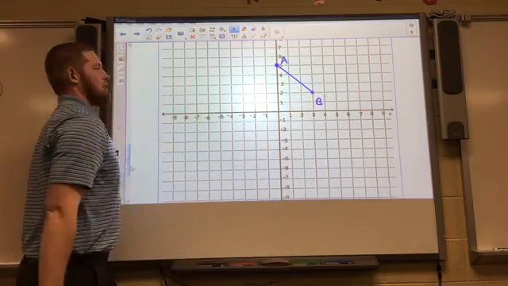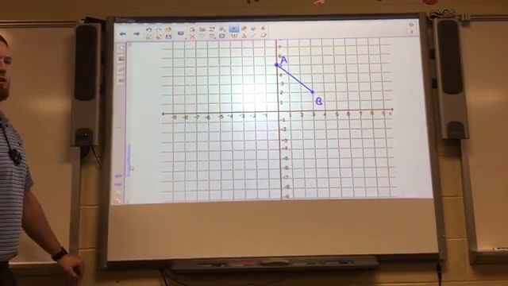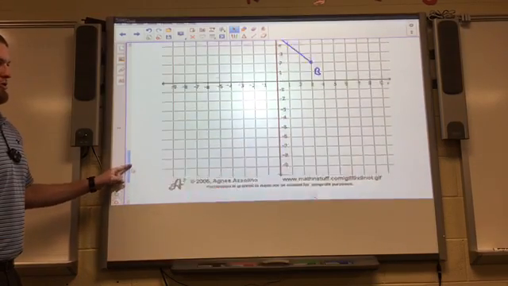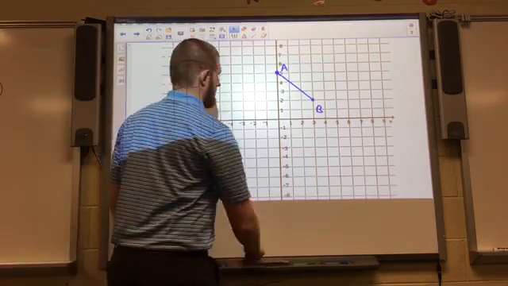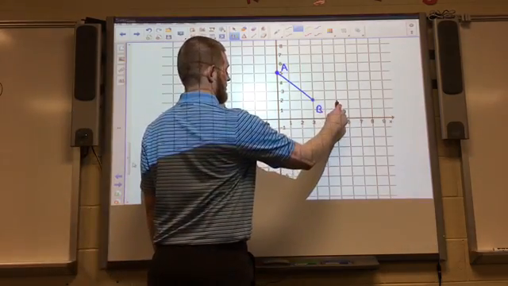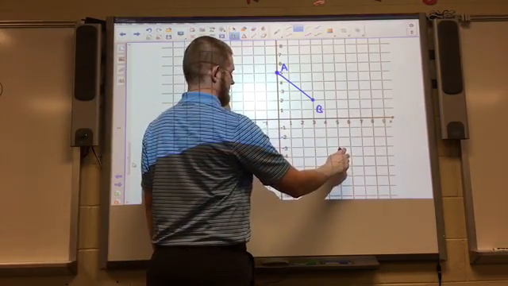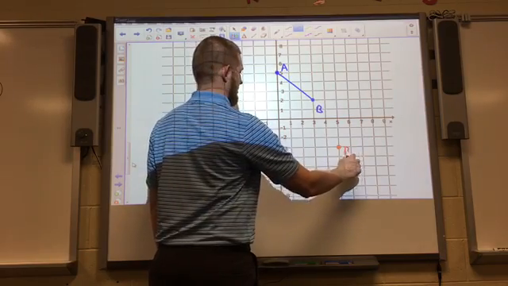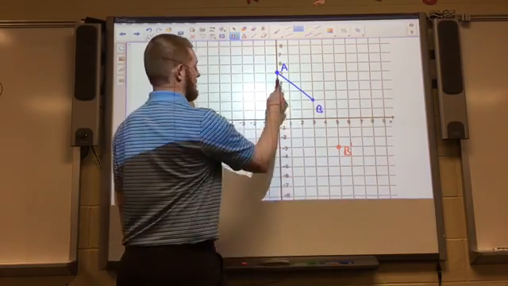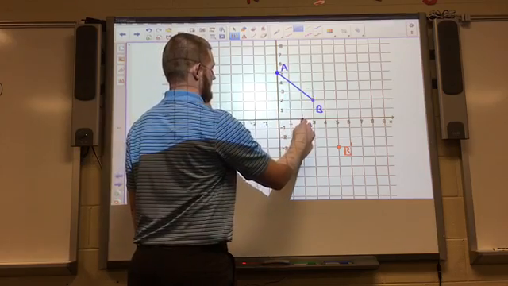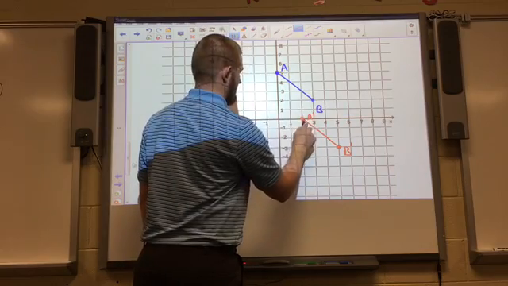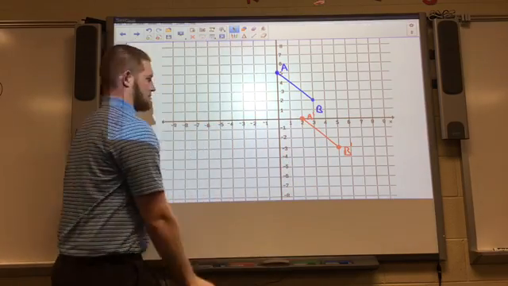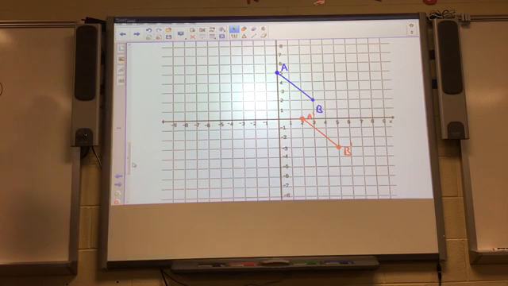Okay. Alright, so we need to take this and we need to go to the right 2 and then down 5, right? X plus 2, y minus 5. Okay, so I'm going to go to the right 2 and down 5. And now I have B prime. To the right 2, down 5. Now I have A prime. Okay, so there I took care of the first part.